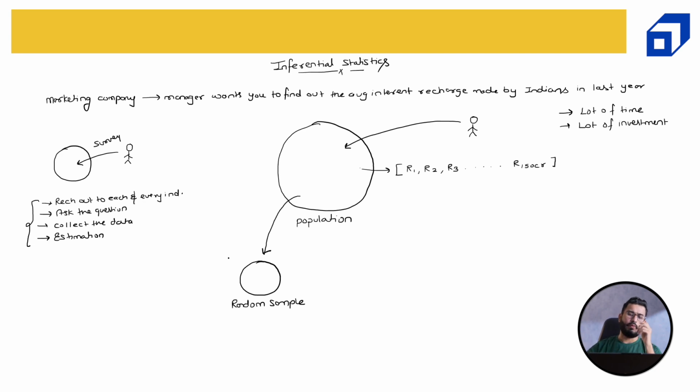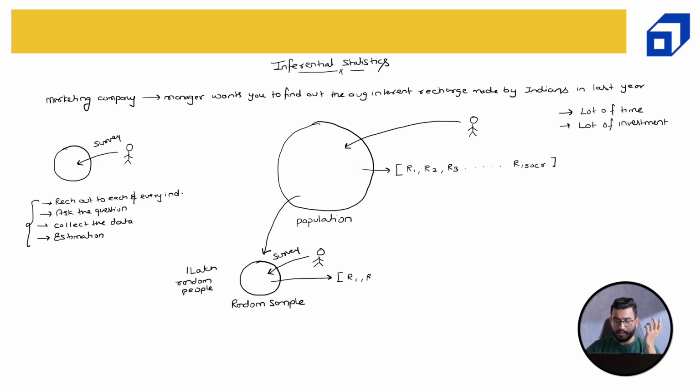Let's say I have taken 1 lakh random people from the population of 150 crore plus people. Now, as an individual, it is quite possible for you to perform a survey on 1 lakh people. So you have performed the survey, you collected the data.